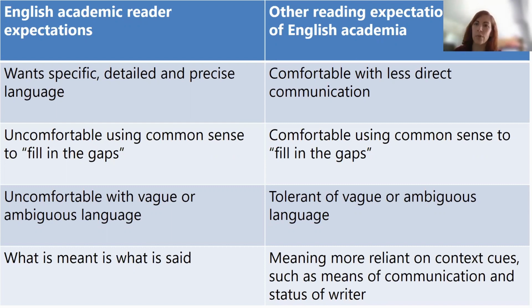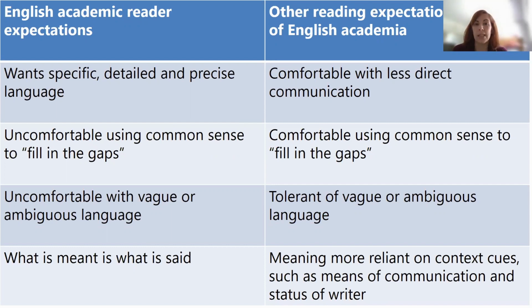Even if it seems really obvious, as readers of English academia, we don't feel comfortable filling in the gaps, the implications, the inferences. We're uncomfortable with vague or ambiguous language. We're not sure exactly what it means. We might be reading inaccurately, and it makes us do some work. We have to make those inferences, we have to fill in the gaps, and we don't like to do that.